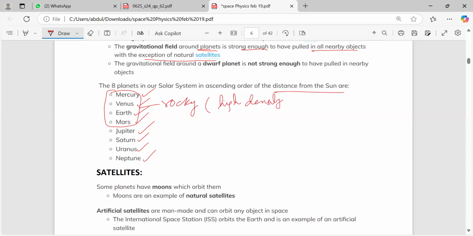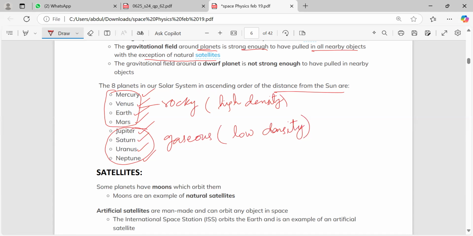The last 4 planets are gaseous and have low density, of course, as compared to the first four.